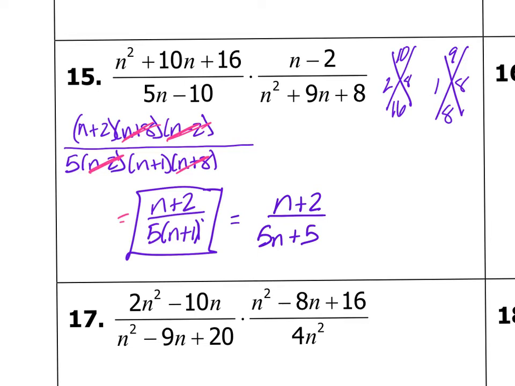And if they want it all the way multiplied out, it would be this answer. But this answer is also correct. A lot of the worksheets and multiple choice that you see, it is this form. Sometimes it's this form. Just go ahead and check and see which one it is.